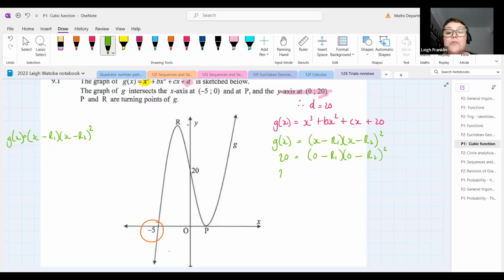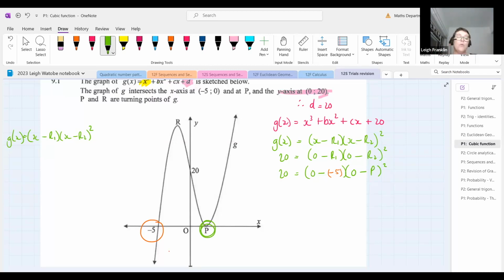So we've got 20 equals 0 minus, and now we're going to put in our negative 5. 0 minus, and we don't know what the x-coordinate at P is going to be. So I'm going to call it P for argument's sake.